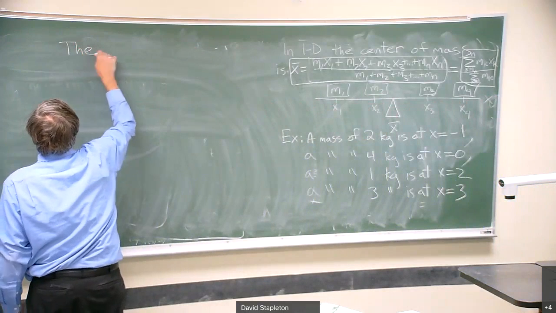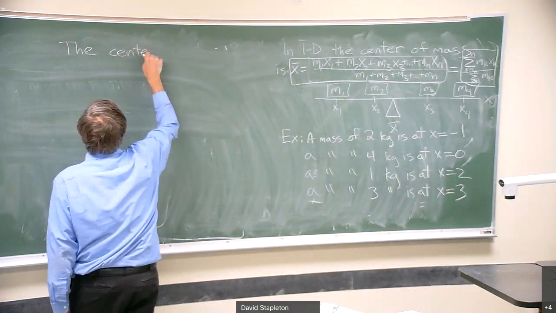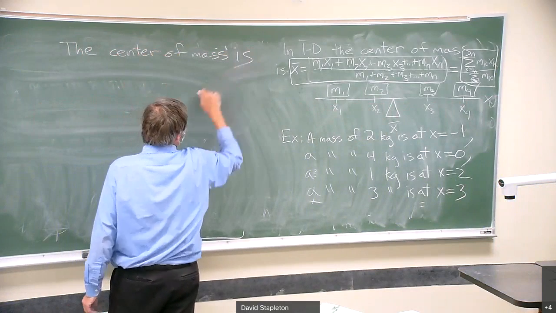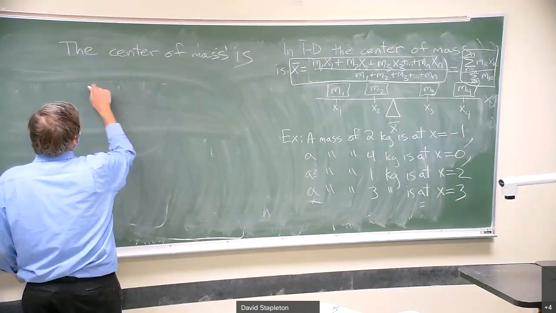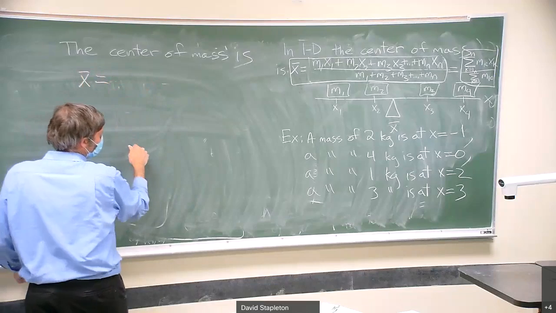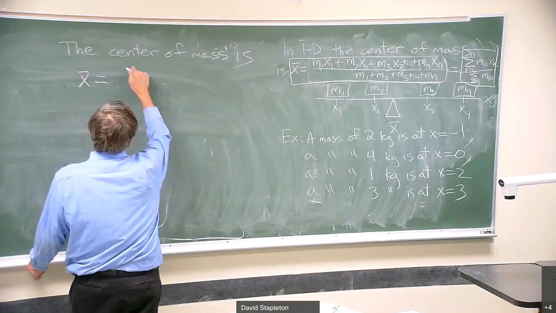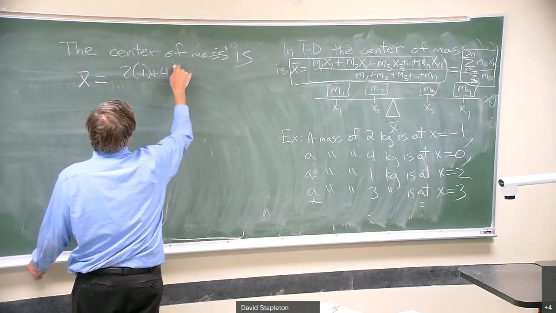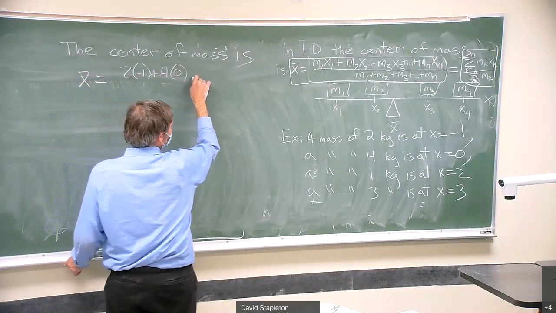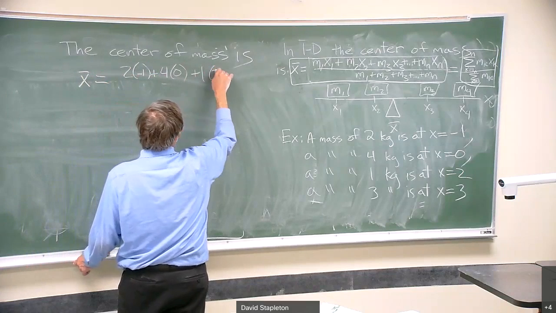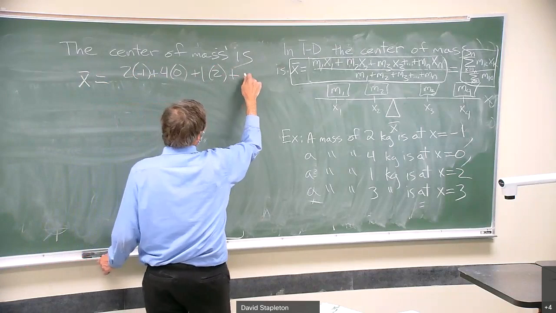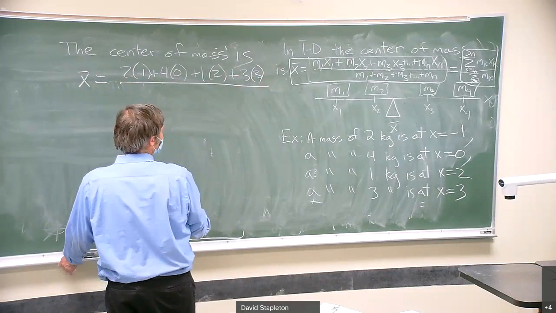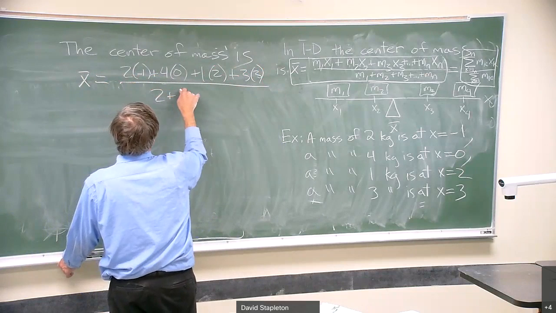The center of mass, there's a homework problem just like this, is simply that formula there. x bar equals, you take the first mass of 2 multiplied by the first position -1, plus the second mass of 4 times the second position of 0, plus the third mass 1 multiplied by the position 2, plus the fourth mass 3 multiplied by the position 3, divided by the sum of the masses, right? 2 plus 4 plus 1 plus 3.